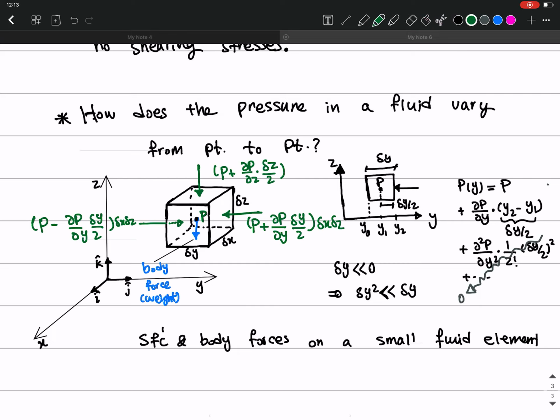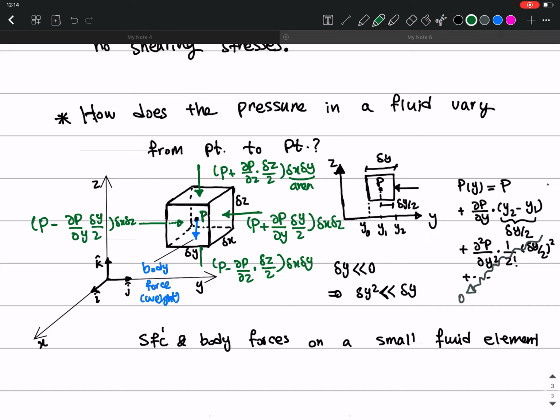This is how much we went up, times the area, which is going to be delta X delta Y. So this is the area. And then at the bottom, we have this force here, which is acting on this fluid element. It is going to be P minus partial P over partial Z times delta Z over 2 times delta X delta Y.